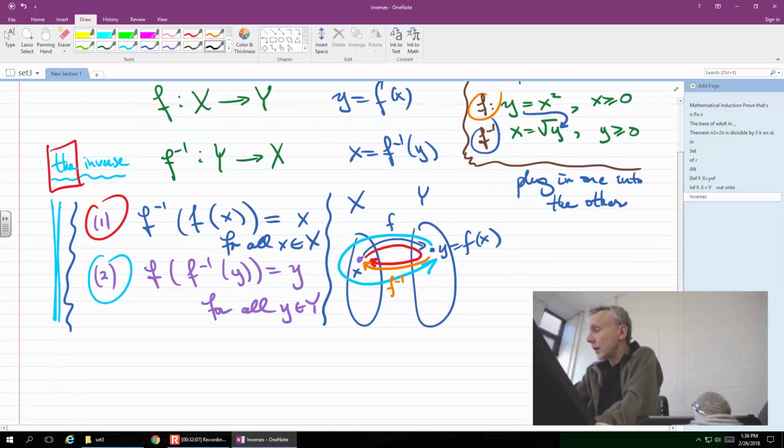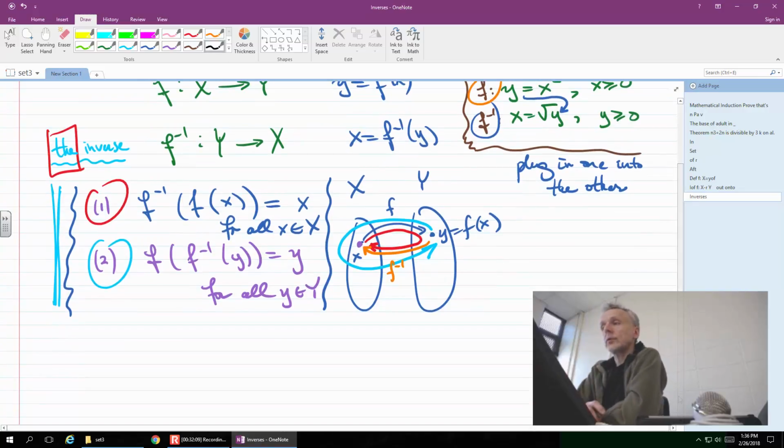So this is the plan of how we handle this: a precise definition, and then we have to demonstrate that the definition makes sense. So this is the definition.